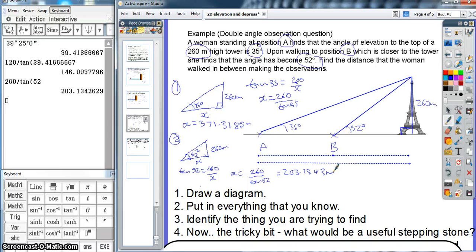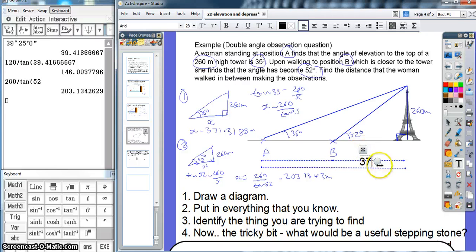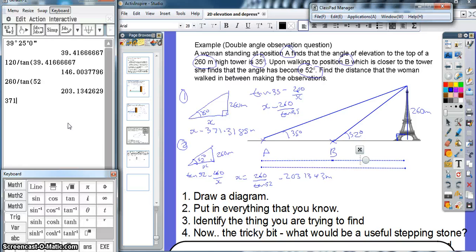meters. And the distance between A and B is the difference between the long one and the shorter one we've just worked out. So it's 371.3185 minus 203.1343 gives us 168.18 meters.